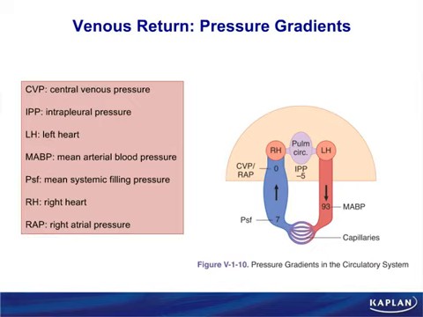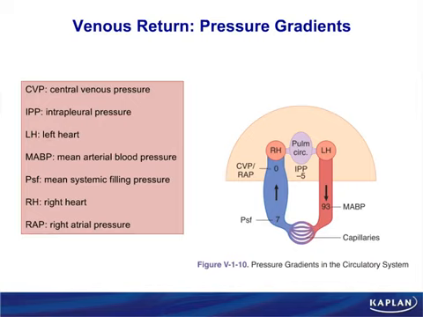And it's illustrated because it's a concept. It's not something that you can truly measure in a patient. You could, but it would require you to stop their heart. And so it's not ever done. But let's think of it as a concept. All right, PSF, mean systemic filling pressure, is that pressure in the circulation when there is no flow.